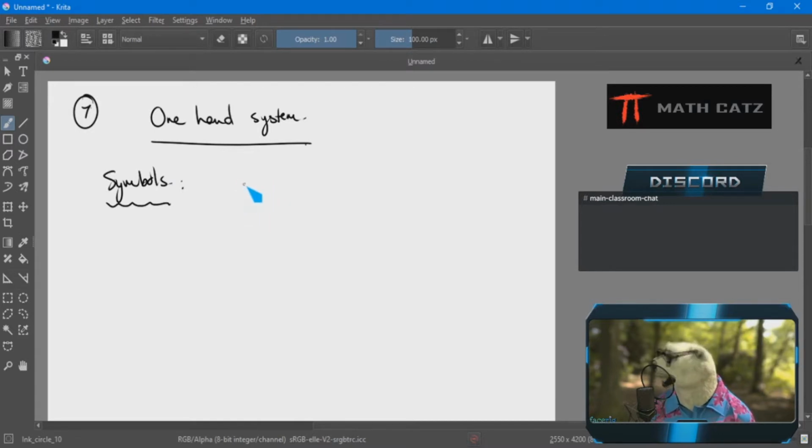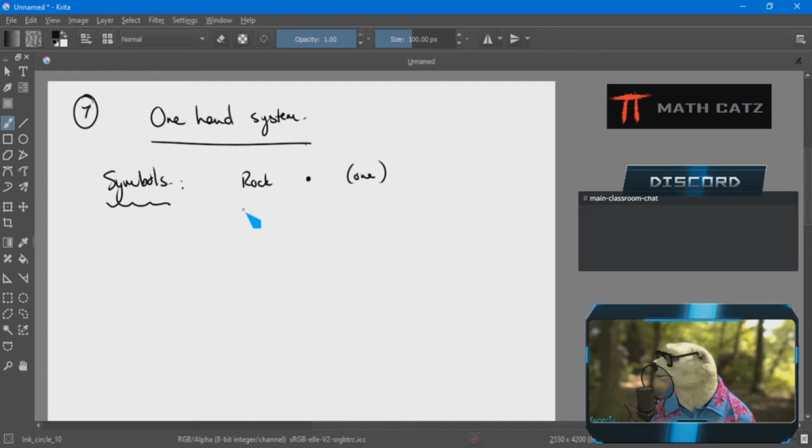So we are going to have a rock symbol, and that's going to represent 1. That's going to be, in our language, 1.